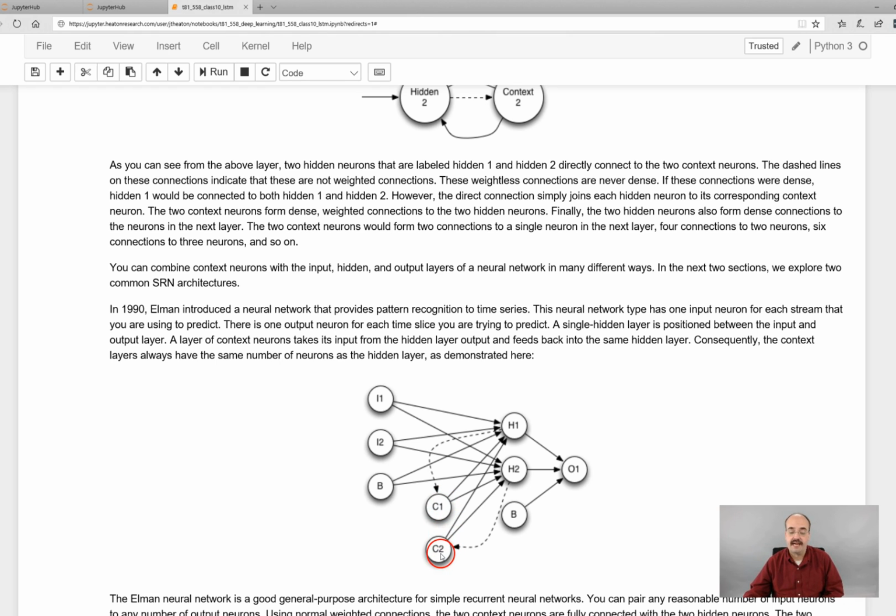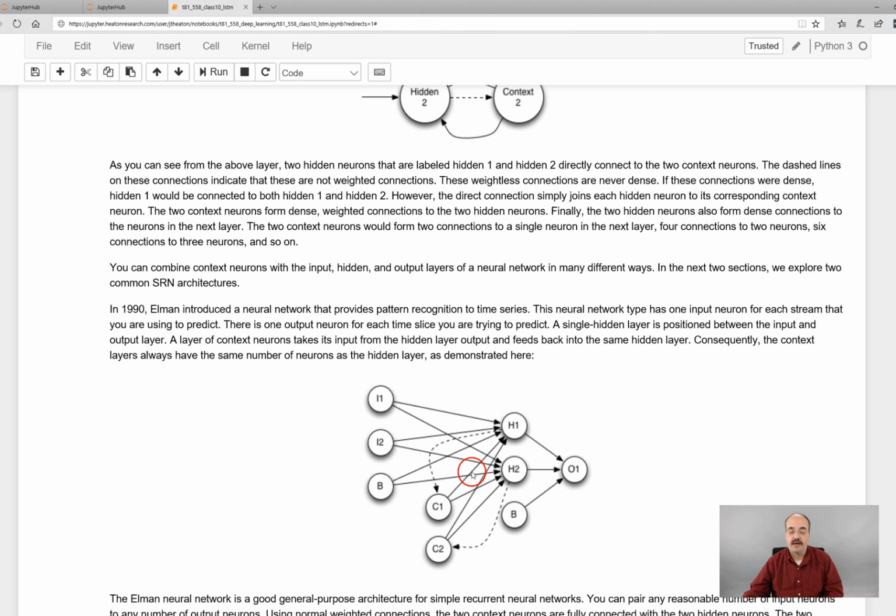Those values are copied into C1 and C2, and then on the next call of the neural network, the next row, these values from the previous values of hidden 1 and hidden 2 are taken from C1 and C2 where they were previously, and they're fed as part of the rest of the inputs into hidden 1 and hidden 2.